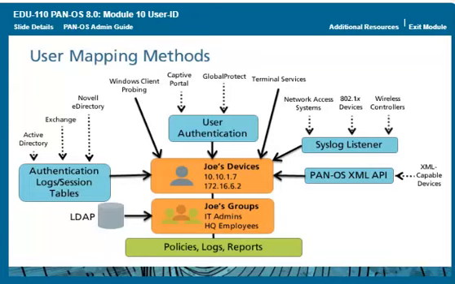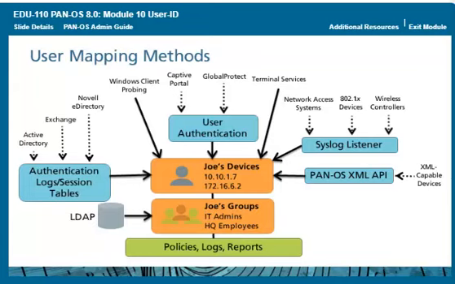The decision about which methods you employ depends on the operating systems, applications, and network infrastructure used in your organization. If any of the methods successfully maps an IP address to a user, the user's name can be used by the firewall for policy rule matches, logs, and reports.